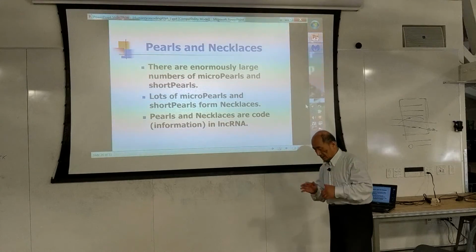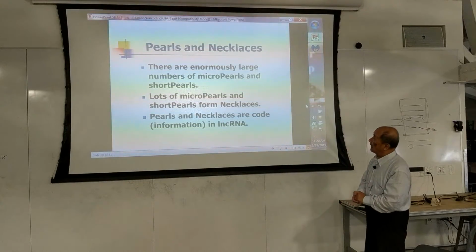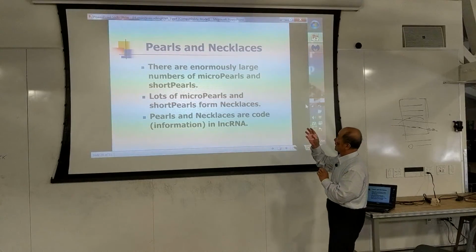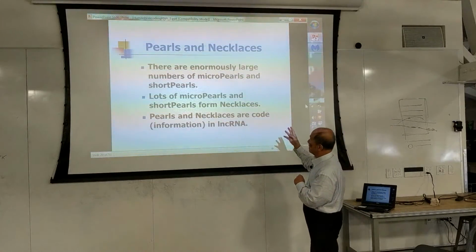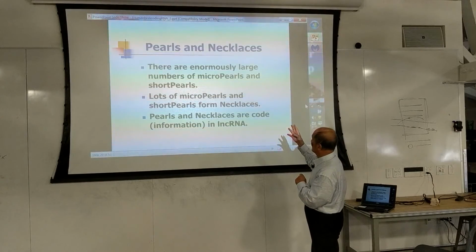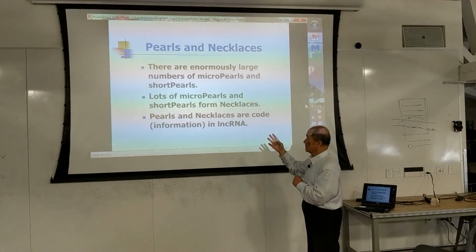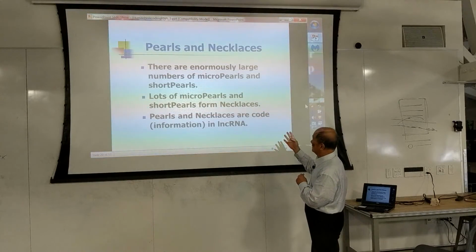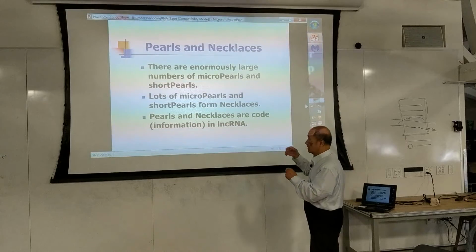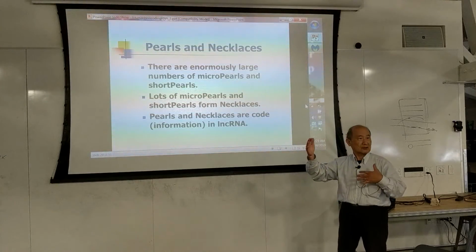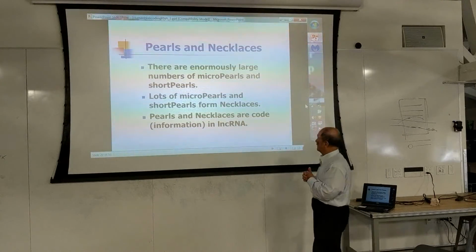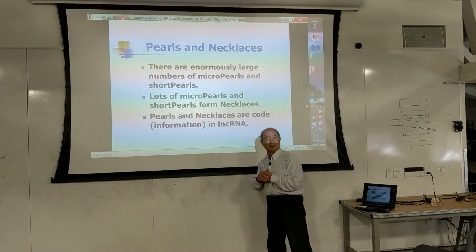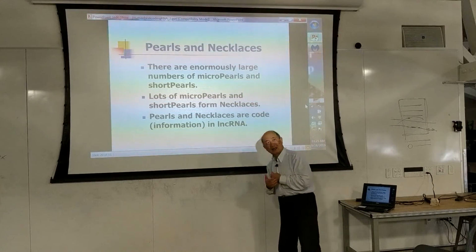These are my analysis. So there is an enormously large number of micro pairs and short pairs. And there are lots of micro pairs and short pairs which form necklaces. Okay, and pairs and necklaces are coded in the long non-coding RNA. These are the meaningful things.